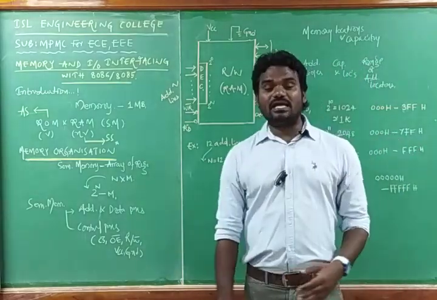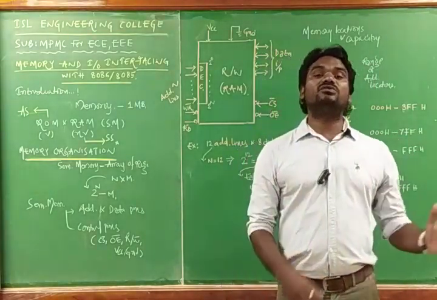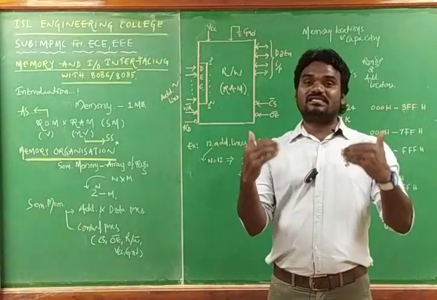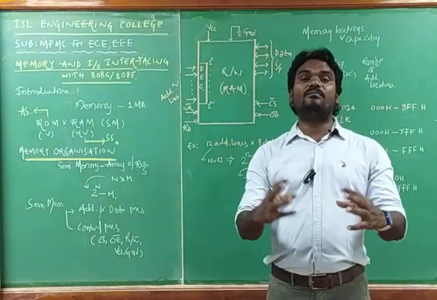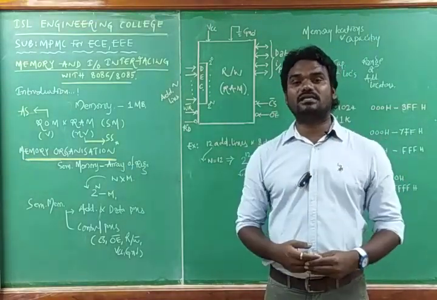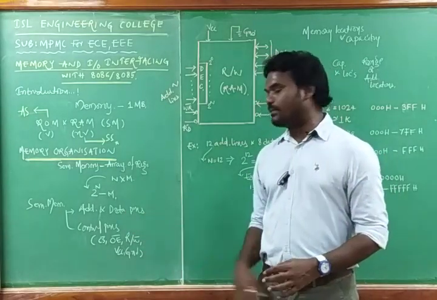Whereas data lines are going to define the size of the register, how many bits are going to be stored in the register, that is defined by the data pins.